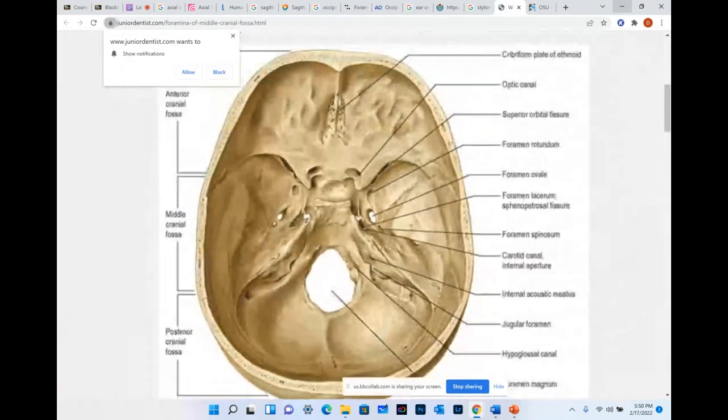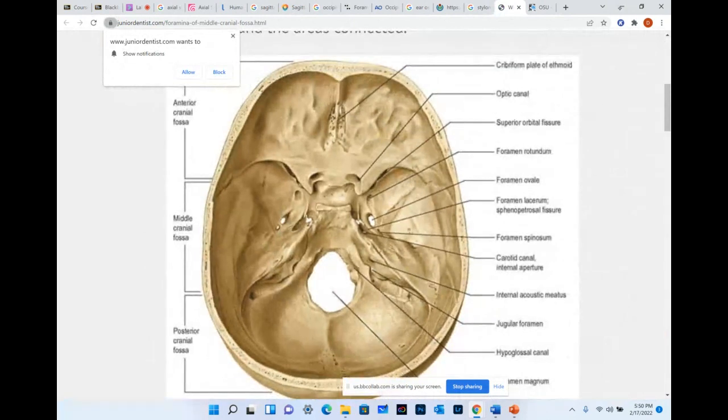So this right here is your petrous portion of the temporal bone on the inside. And on the petrous portion, you see this tiny little hole right here, this one, and this one. This is your internal auditory meatus or internal acoustic meatus. And this is the opening for the internal ear.